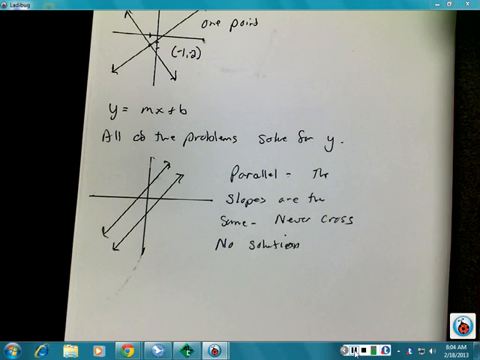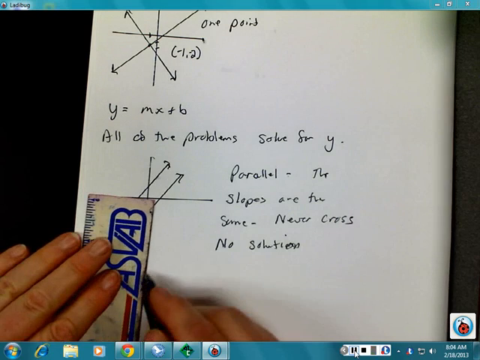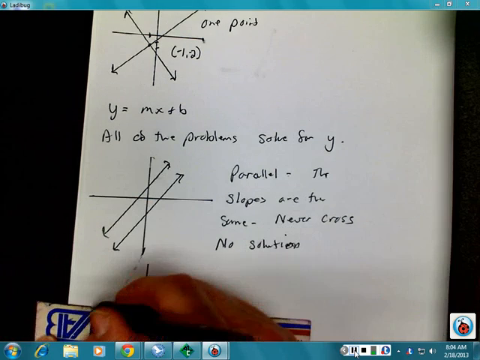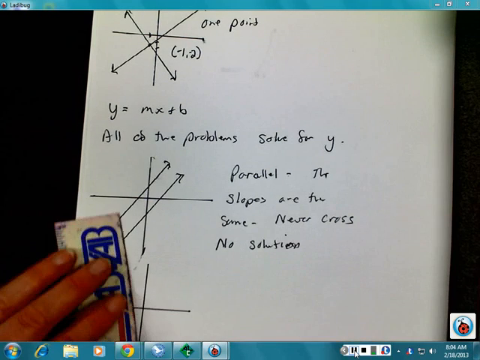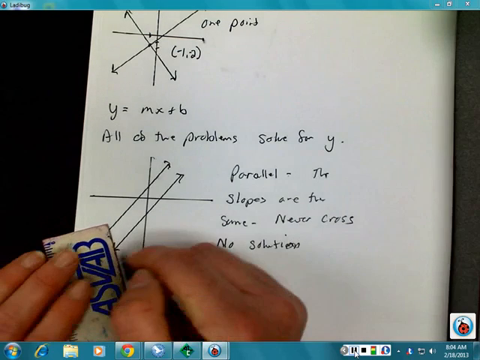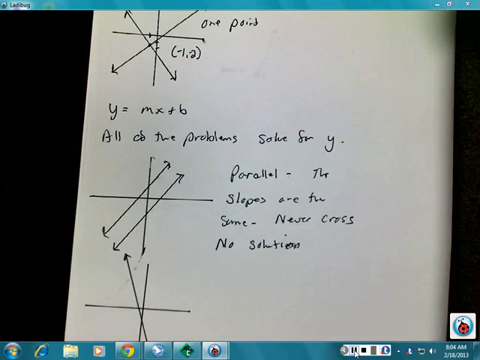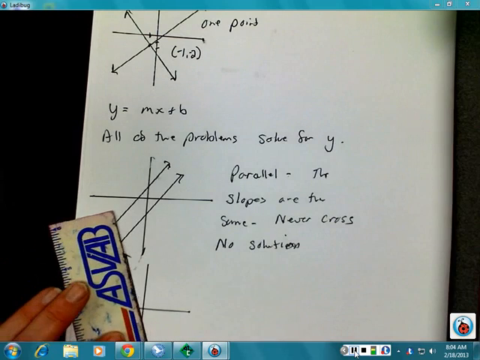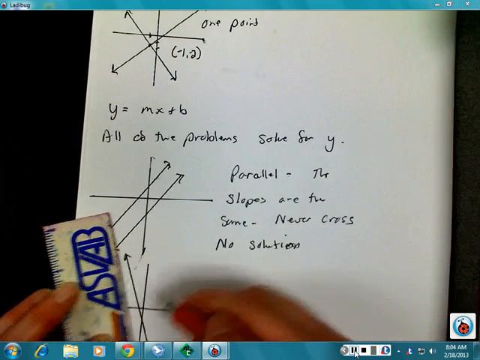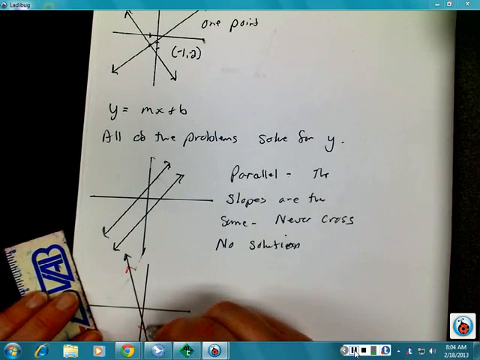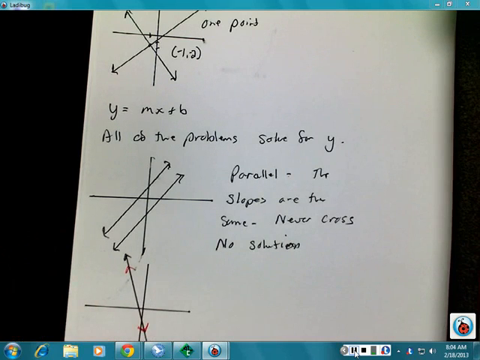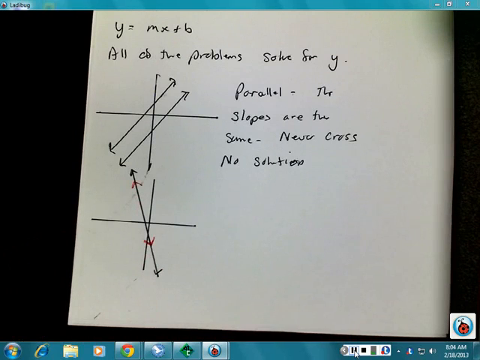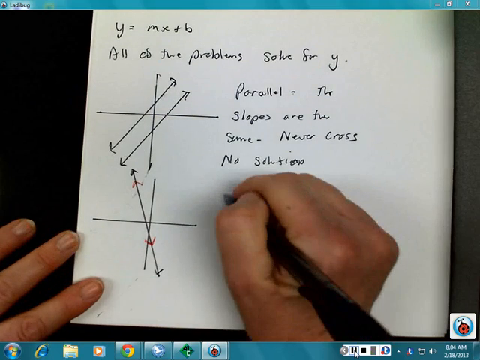The other one that occurs is if we are graphing our lines and we have two values that end up going like so. The first line comes in and does this. The second line comes in and it is right on top of the other line. So what does that mean? Well, if they're both on top of each other, that means that we have two identical lines.